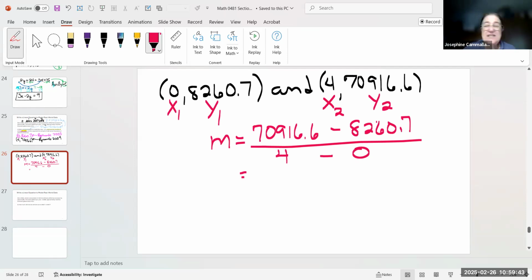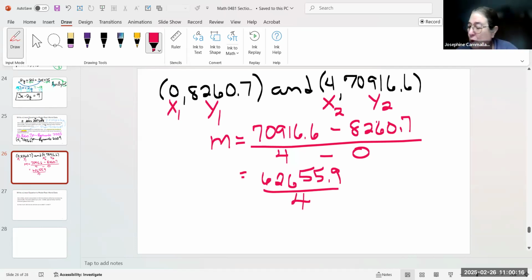Now, since they always love to give you these in homework, I have no problem if you use a calculator to get my slope, and you are going to get possibly a fraction. 70,916.6 minus 8,260.7 is giving you a numerator of 62655.9 divided by 4.